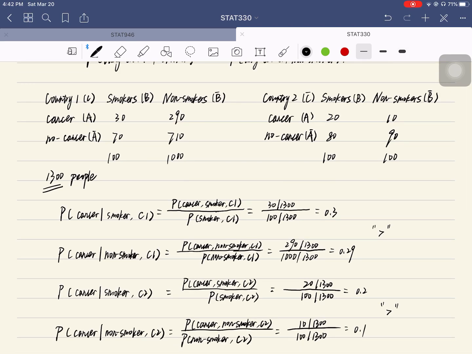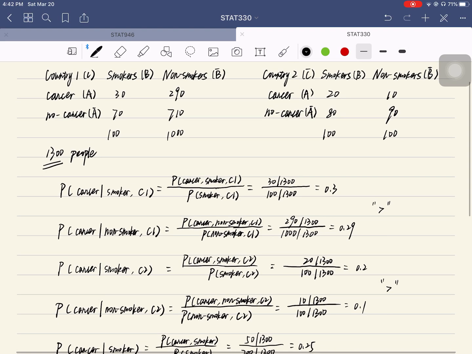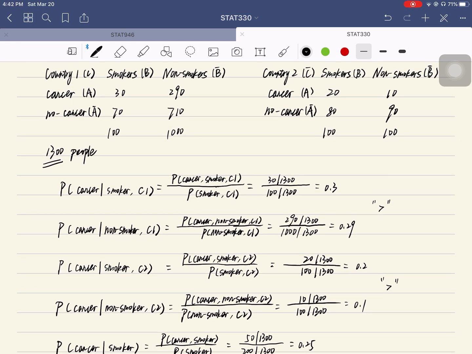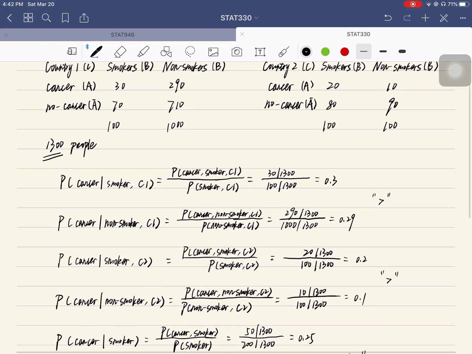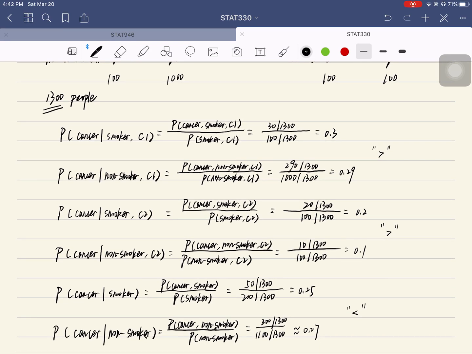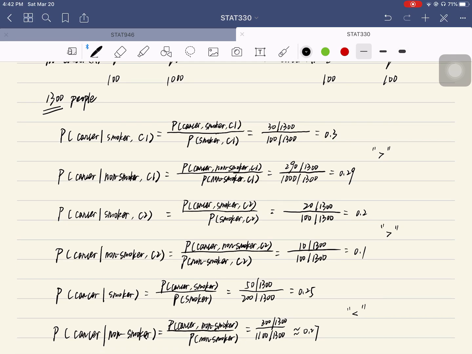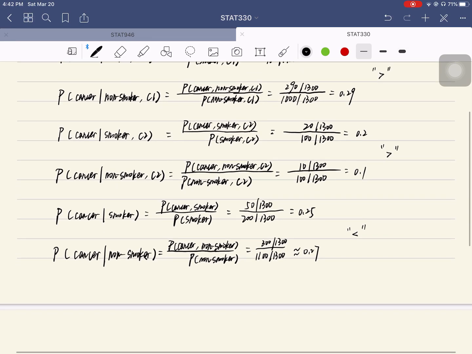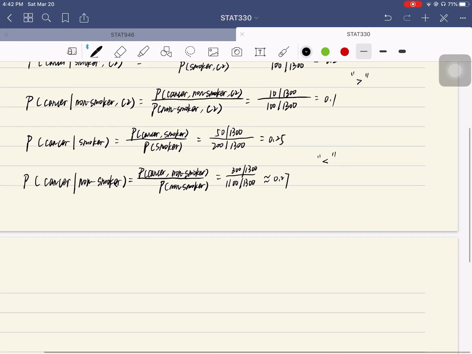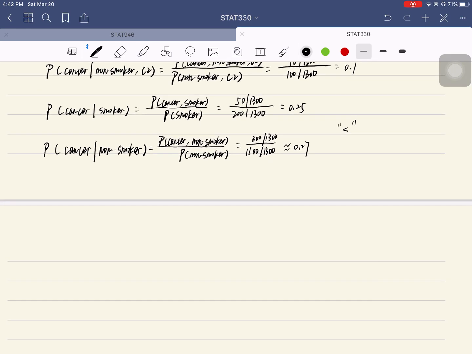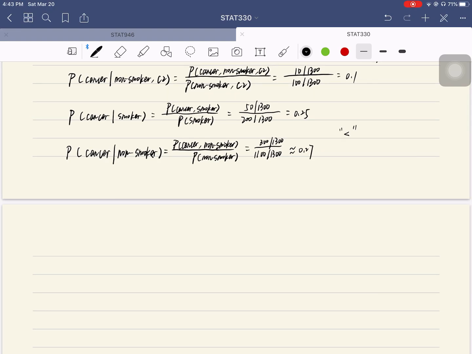But when we combine those countries, we have a misleading result that the smokers have a lower probability of cancer, while the non-smokers have a higher probability, which we say is a paradox.